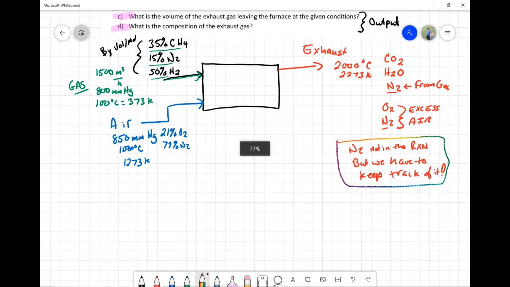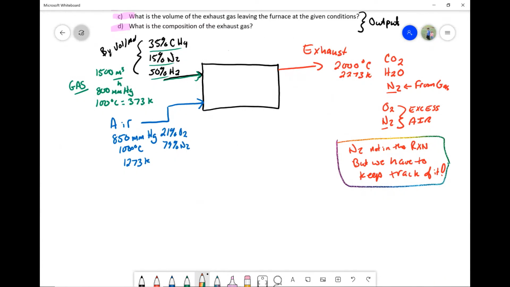Anyway, we got our temperatures converted already. We have our input conditions and we have our output conditions. So input's going to equal output. We'll see that with the chemical equation. I'm going to go ahead and just write it.